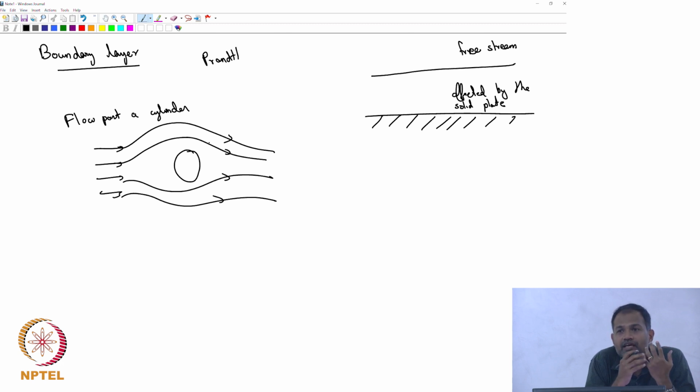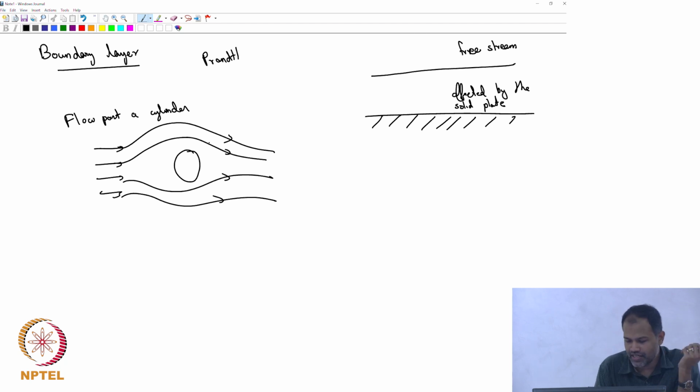So then Prandtl came up with this idea of the boundary layer. What he said is that however large the Reynolds number is, there is always going to be a thin layer of fluid very near the boundary where you cannot neglect viscous forces.